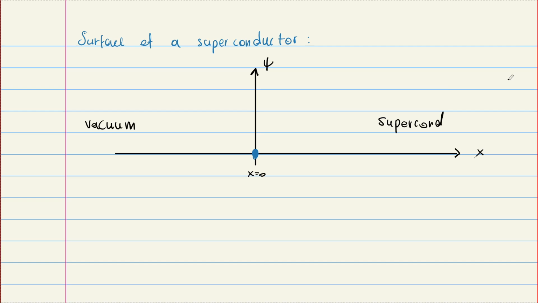Deep inside, I need to have a bulk, and the bulk should not know anything about the boundary. It should be like the uniform case we did last week. So it should be something like this, and I should somehow connect this to this, and this is typically something like that. The order parameter goes from 0 to some finite constant value.